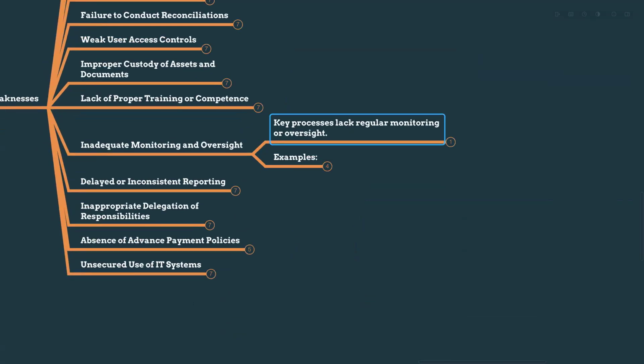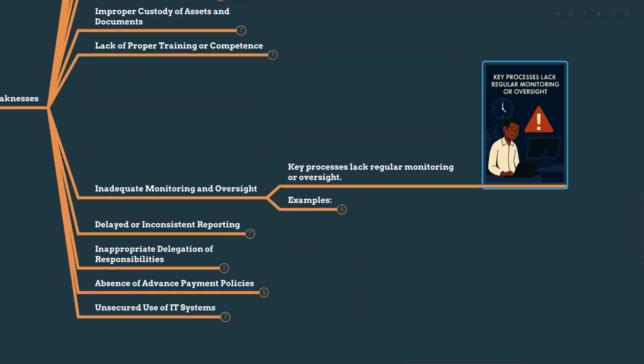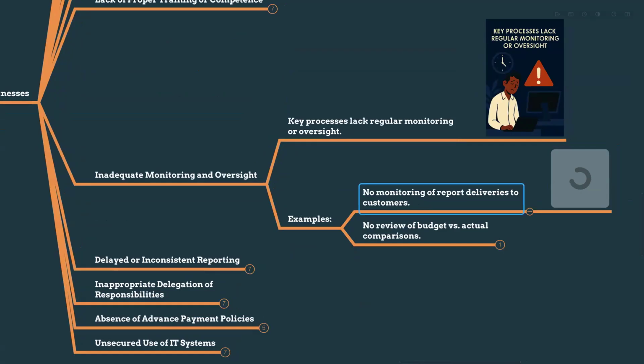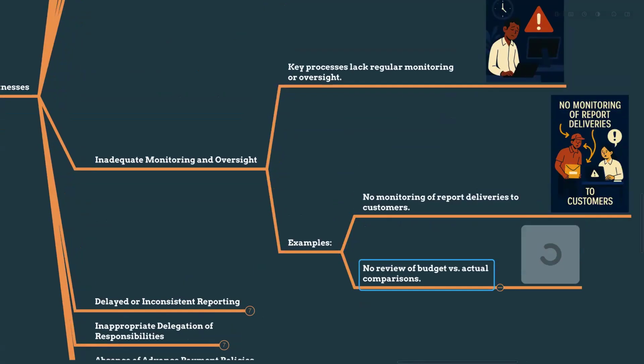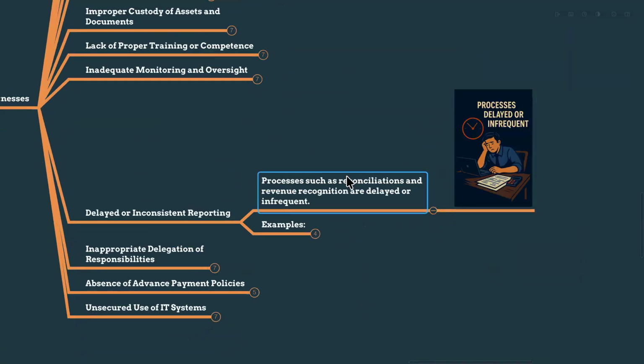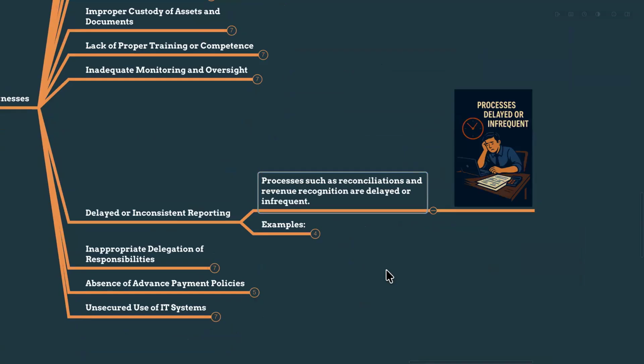And inadequate monitoring. So in the question, they will say no one is monitoring the process, right? There is lack of staff, not monitoring the report deliveries to customers, no review of budget versus actual comparisons, and delayed or inconsistent reporting. So processes such as reconciliations and revenue recognition are delayed.